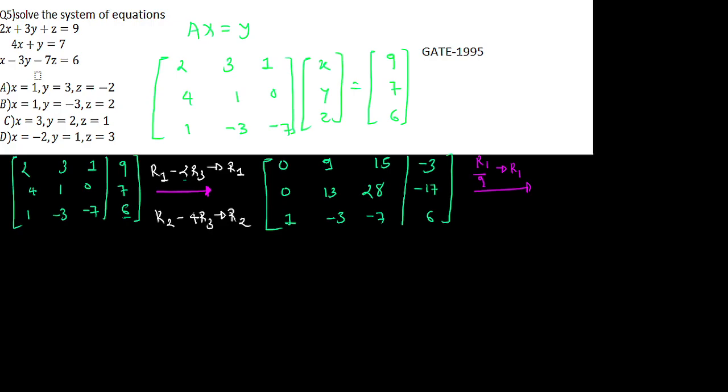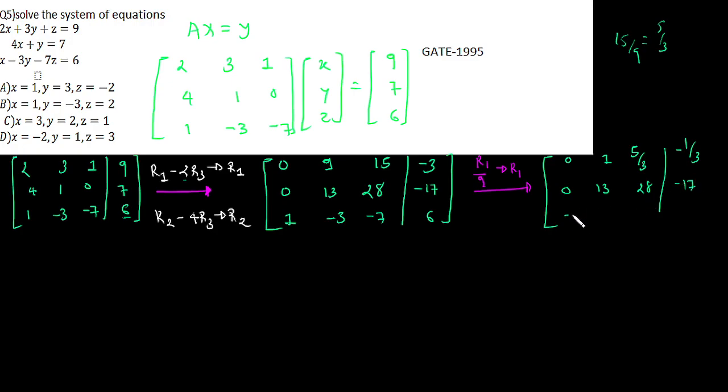So let's write after dividing the first row by 9. So here 0, here we are getting 1. Now here 15 by 9, so it can be written as 5 by 3. So let's write here 5 by 3. Now here minus 3 is already there, we have to divide it by 9, so we can write it as minus 1 by 3. Now all other entries remain as they are.